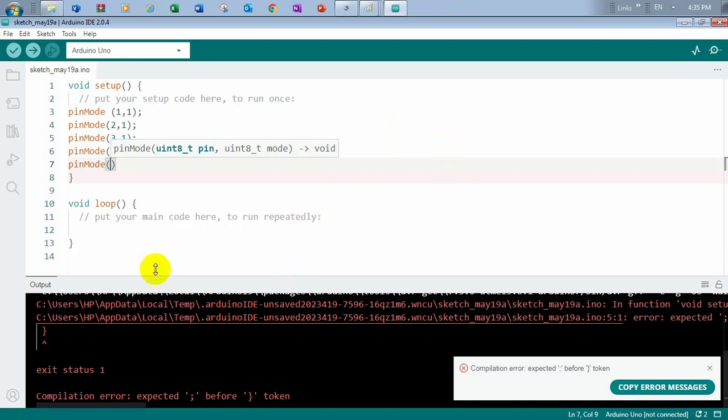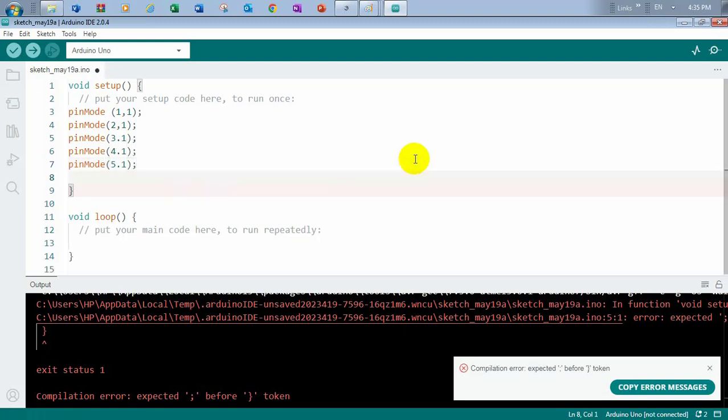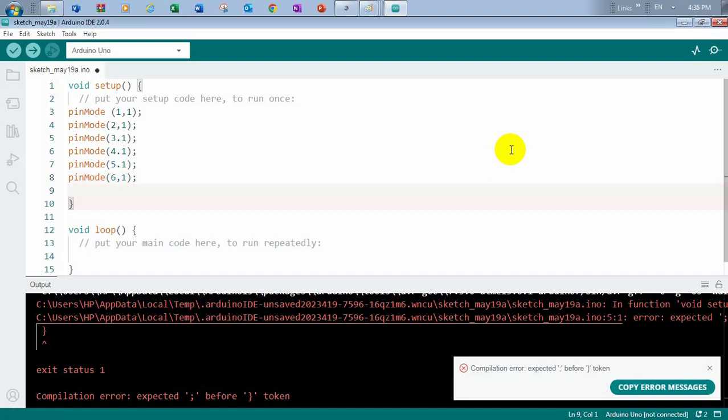And it's the same for pin number 6, pin mode, open parenthesis, and we write number 6, comma, 1 and semicolon, and we write also pin mode, parentheses, number 7, comma, number 1, semicolon.